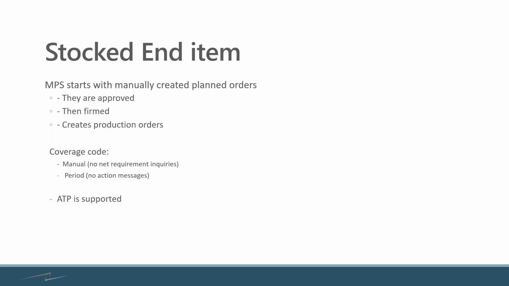Coverage codes on MPS items, you could set them to manual. I'm not a big fan of setting them to manual because then I can't use my net requirement screen, and I like my net requirement screen. I like to see what the push and pulls are against an item. When you set an item to manual, you're telling the system, don't worry about anything.